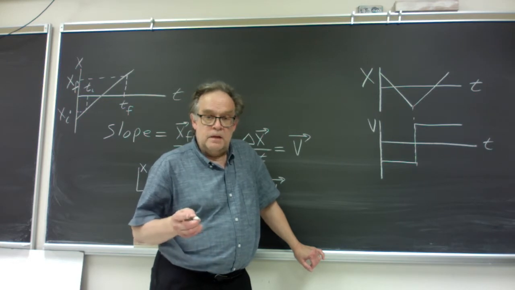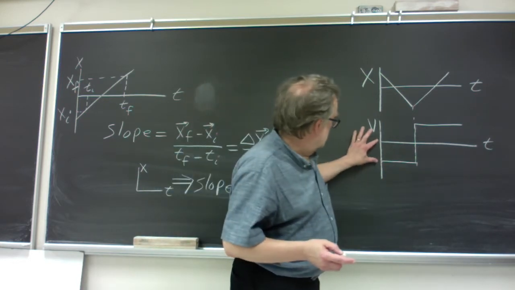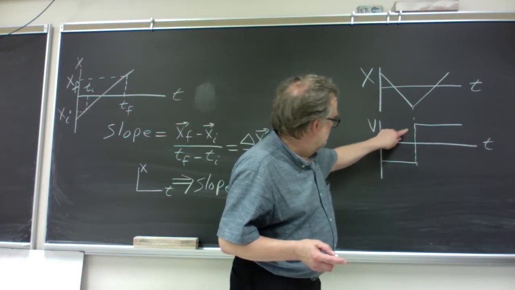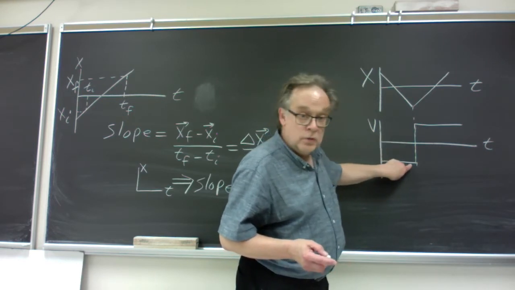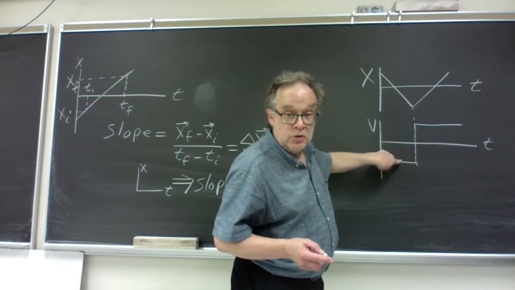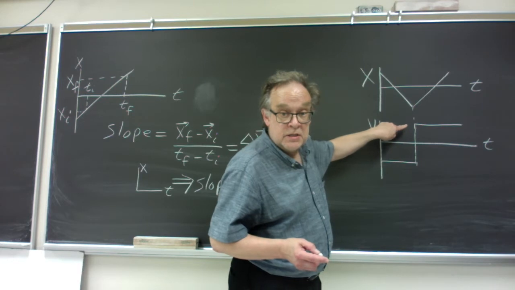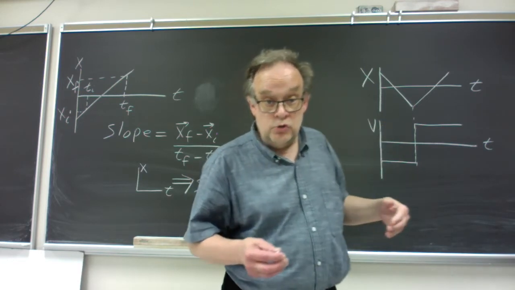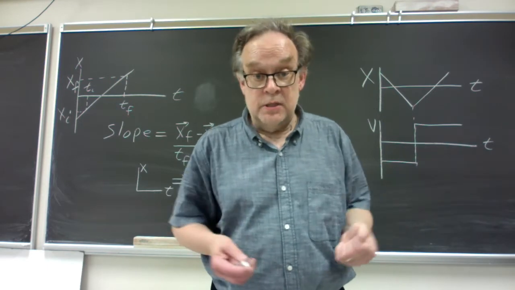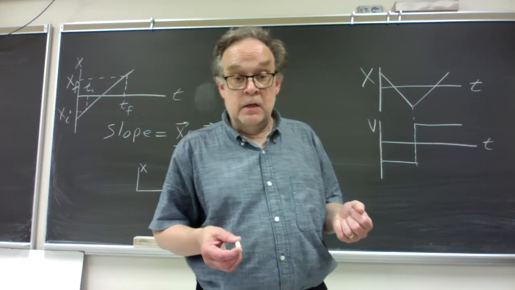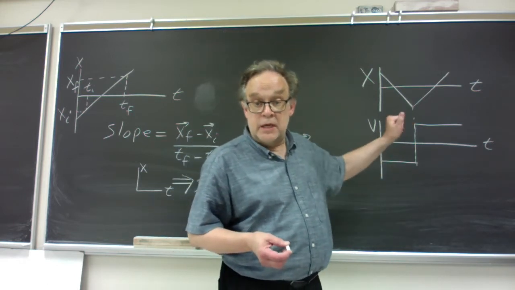And notice that I've drawn this graph so that the absolute value of this negative velocity is the same as this velocity. Usually we think of speed as just the absolute value or the magnitude of velocity. So these two things have the same speed.